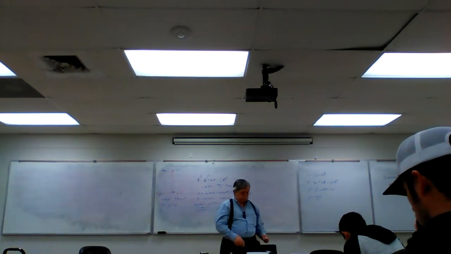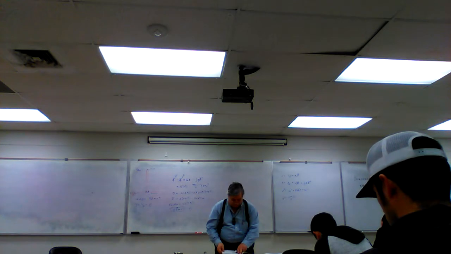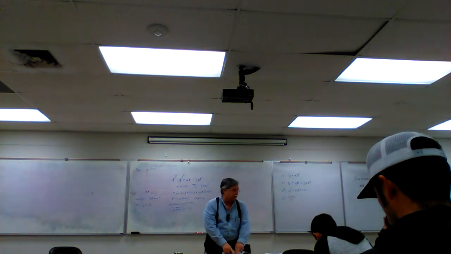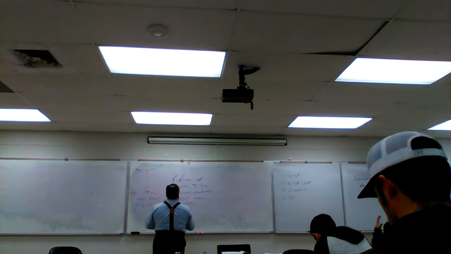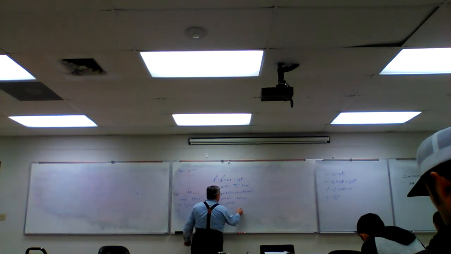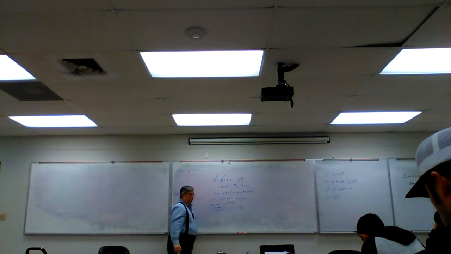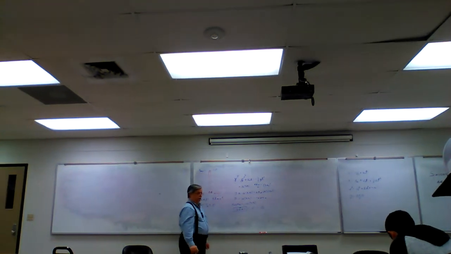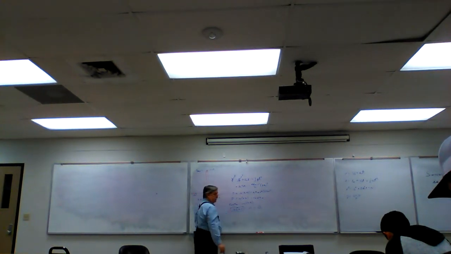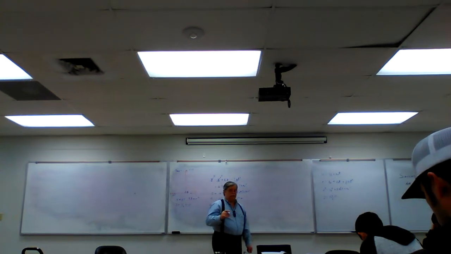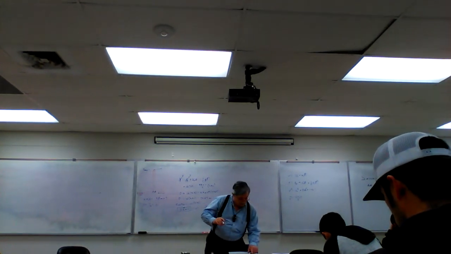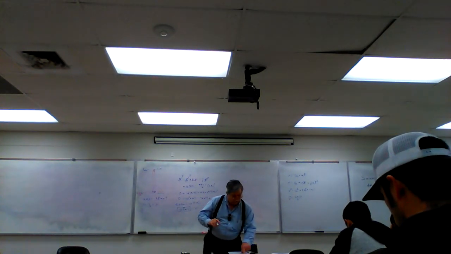But what's the question asking for? At first it's asking, with what speed did he throw it? This is the first answer that they're asking for. He threw it with this much speed. The second question being asked is, how high did the ball go?